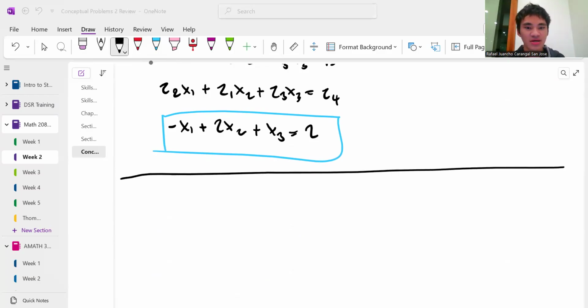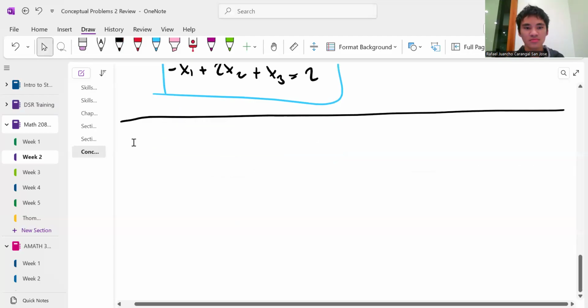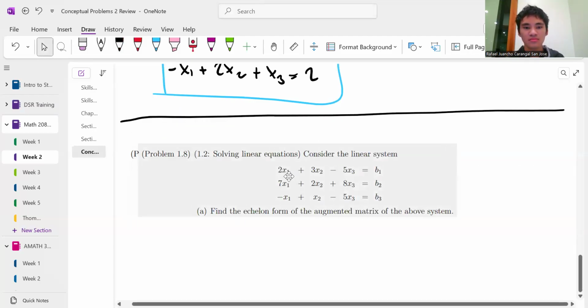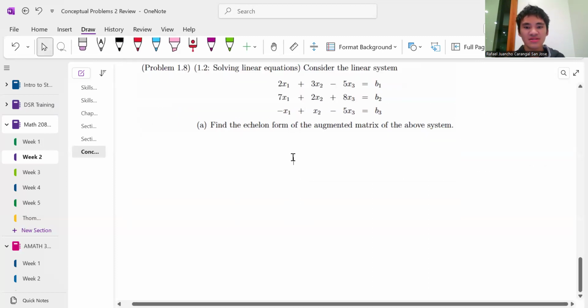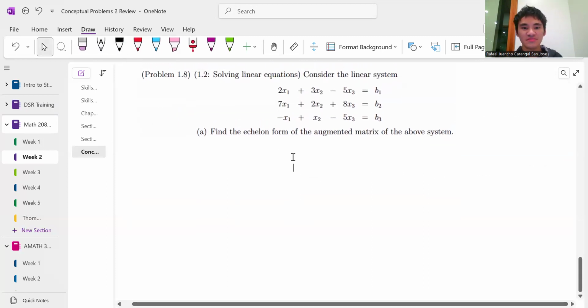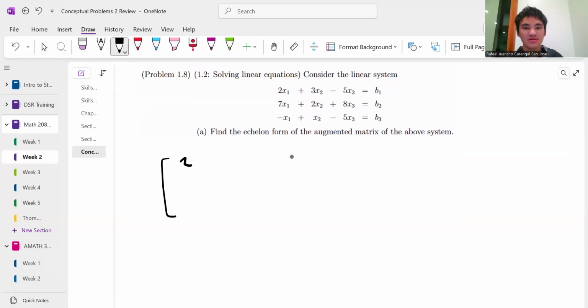Okay. Let's try another one here. Okay. Here we have this linear system. Now we want to find the echelon form. So how would we do that? Well, of course, we convert it to an augmented matrix.